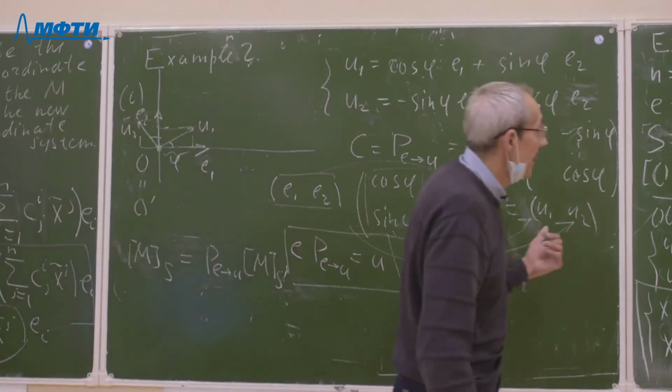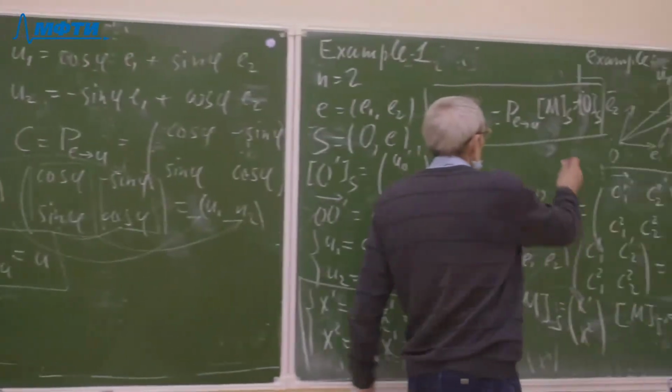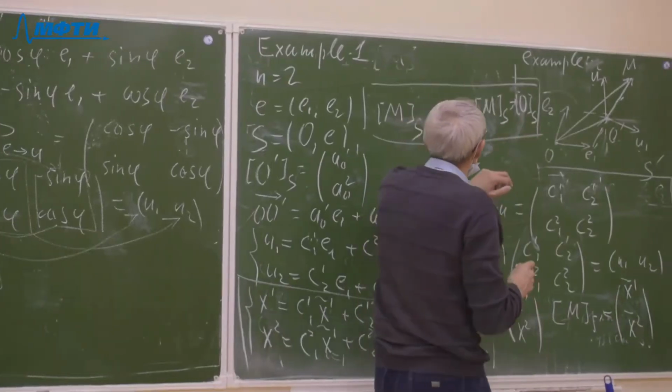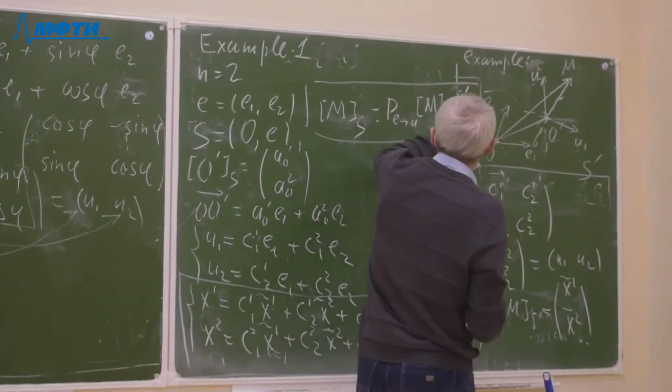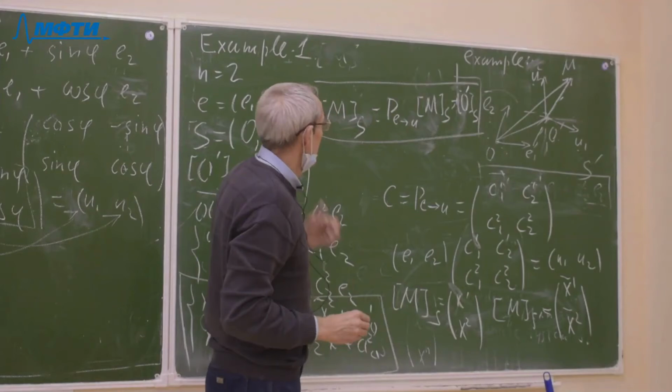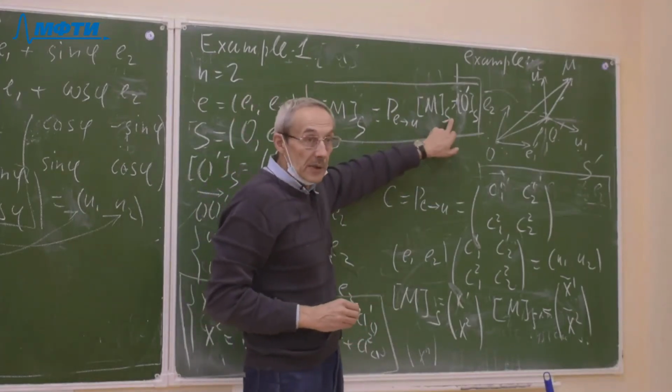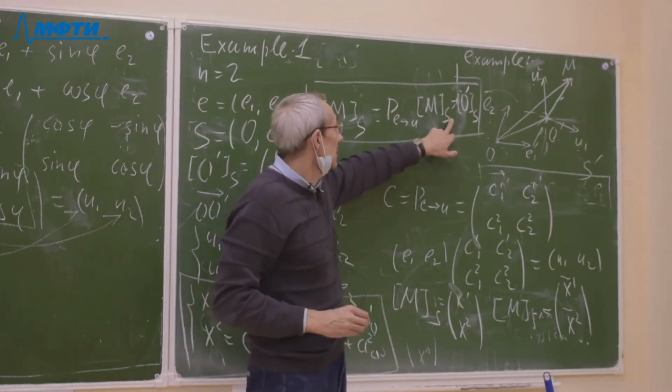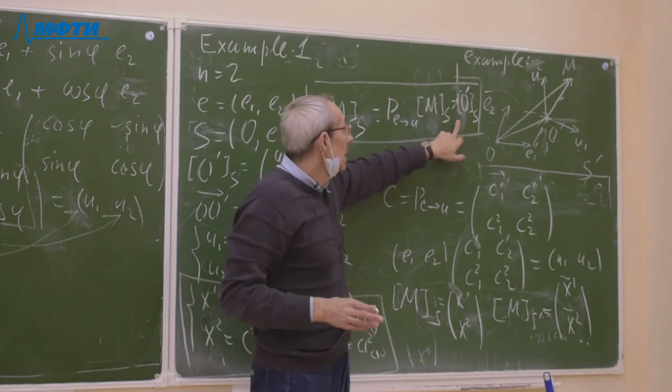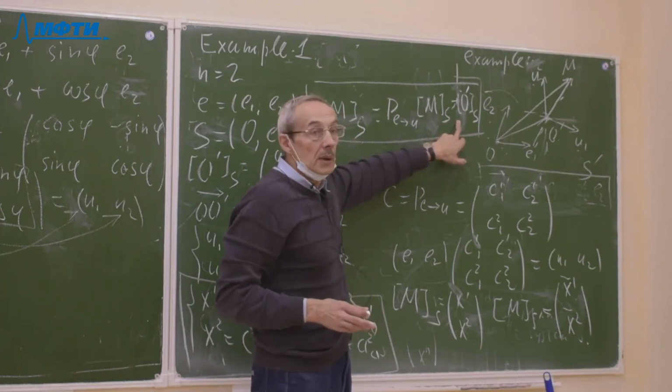Easy to see, as the point O prime in our case coincides with O, the coordinates of the point O prime are equal to 0.